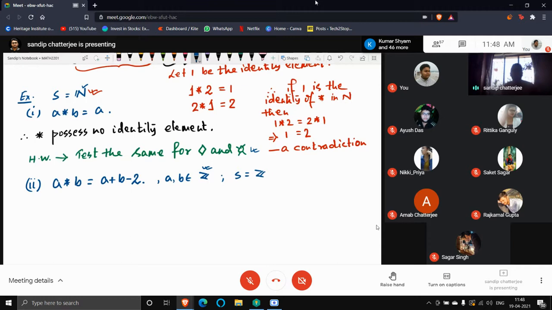Now your question is to find the identity element. So how to find that? Okay, let E be the identity element of star in Z. Then if E is the identity element, what will happen?